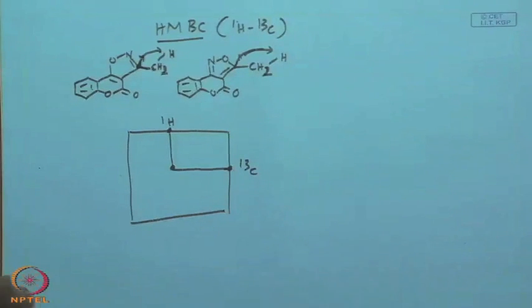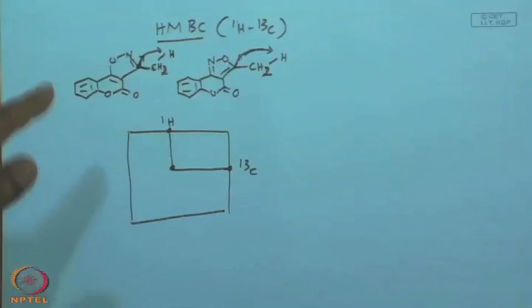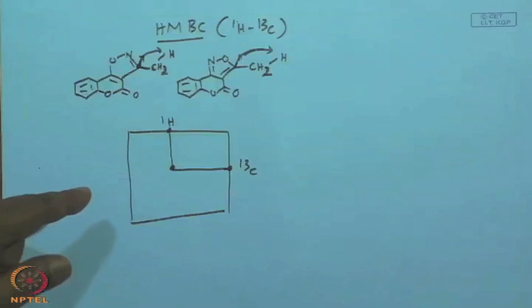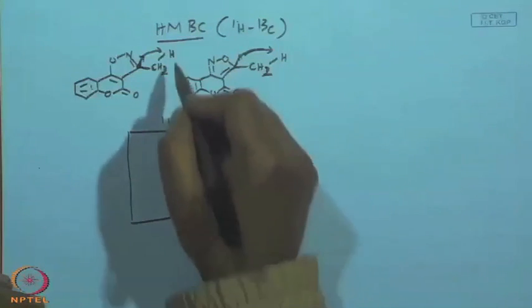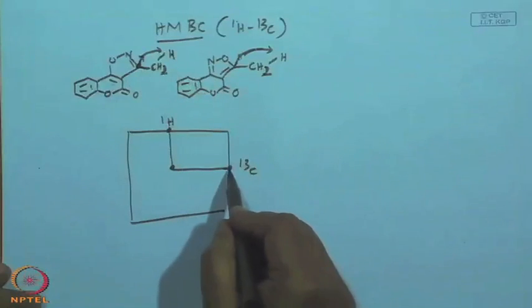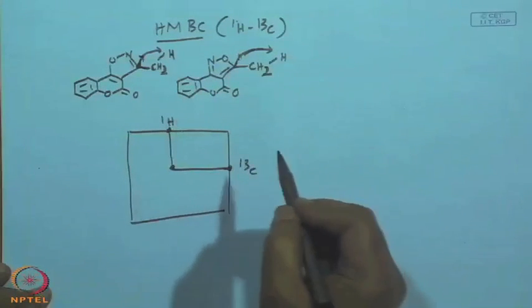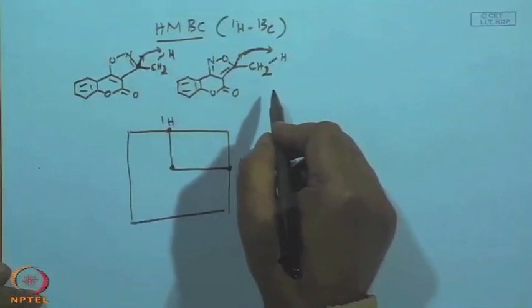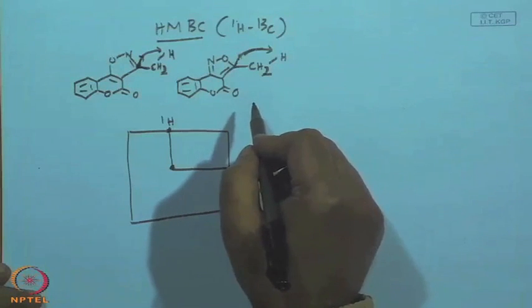Unlike in 2D COSY NMR, you look for cross peaks. So, just a sort of linear connectivity. In both the cases you will have a very similar chemical shift, similar coupling. So, you cannot distinguish them.